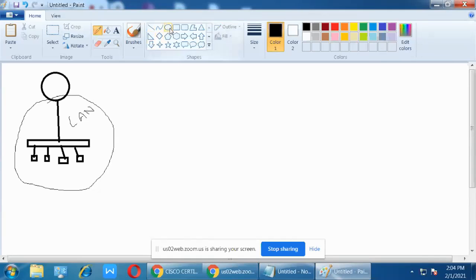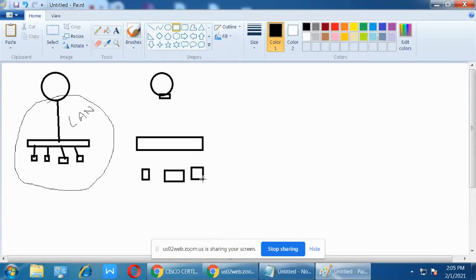Okay. Another scenario, and we have an AUI port, 15 pin. Same as that, it is connected to the switch and the same PCs. So here we are using one transceiver.